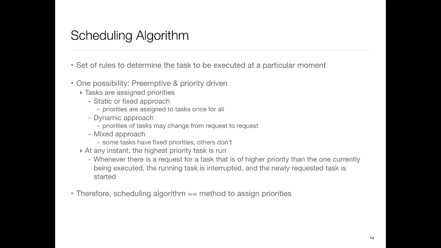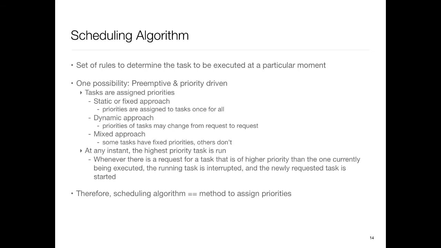Within this, you can ask, where are these priorities coming from? Well, these priorities could be static or fixed, or they could be dynamic. What I mean is that one approach could be that each of those tasks, or the functions associated with those tasks, has a fixed priority. We just say task 1 has priority 10 and task 2 has priority 5 and whatnot. Or the alternative is that we can allow for some evolution over time.